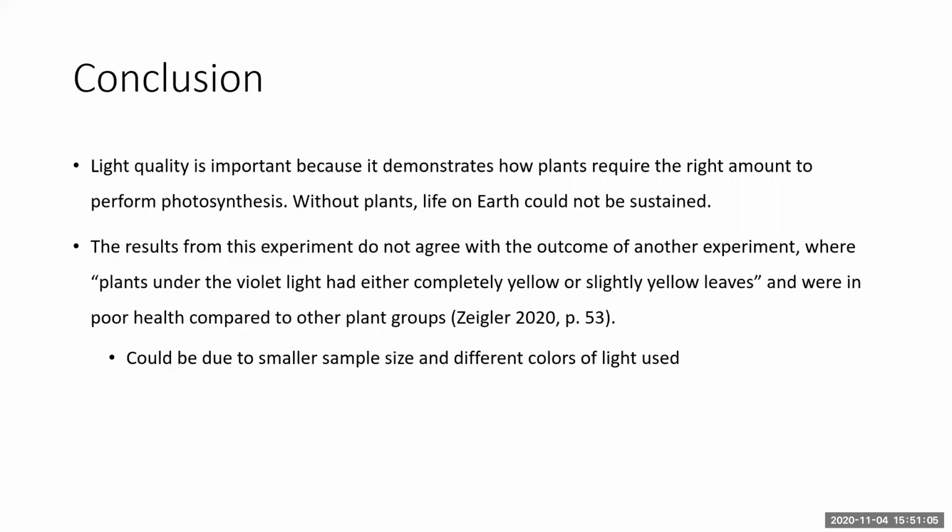The differences in data could be explained by a much larger sample size in the other experiments, where there were far more plants than just 60 and 12 in each group. So the data probably could be more reliable.